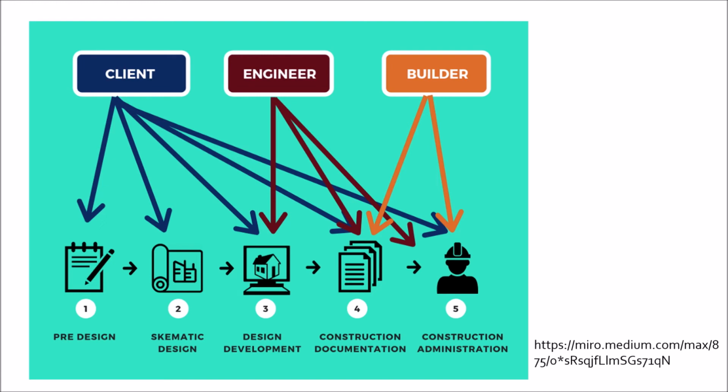But the architect, of course, is in all of this process. And as you can see, they have their own tasks, they have their own responsibility, they have their own management doing in different kinds of phase.